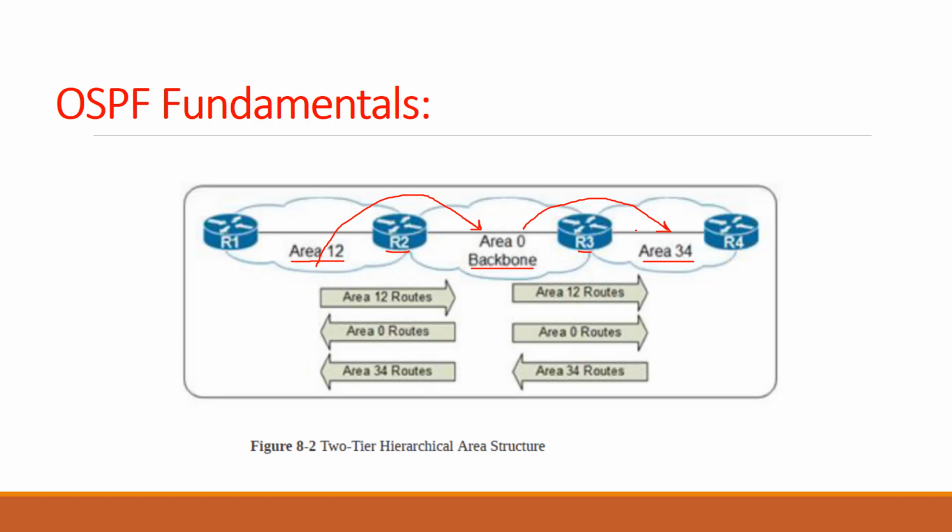Similarly, from Area 34 to Area 12, it will go through Area 0, the backbone area, and then to the other area. And Area 0 routes will go simply to each non-backbone area, as mentioned in the arrows in the figure.